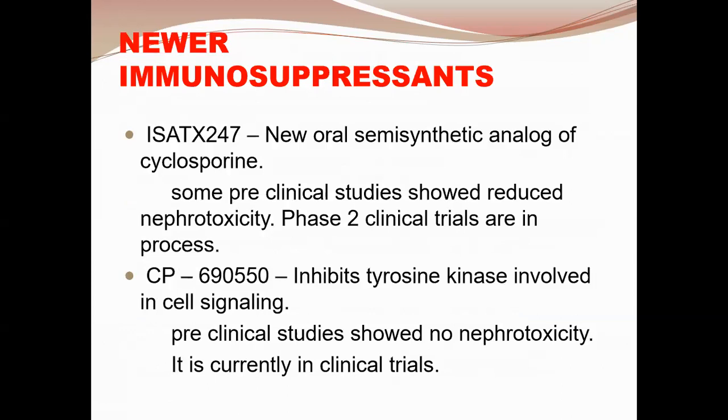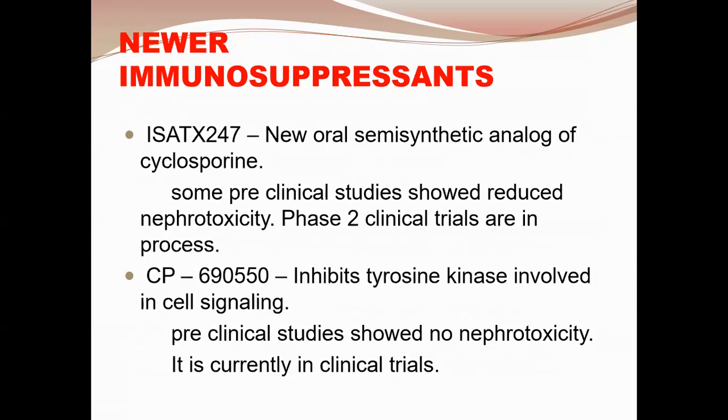So what are the newer immunosuppressant drugs? They are ISATX247, which is a new oral semi-synthetic analog of cyclosporin. Some preclinical studies have shown a reduction in the nephrotoxicity seen with other drugs, and phase 2 and phase 3 clinical trials are in progress.